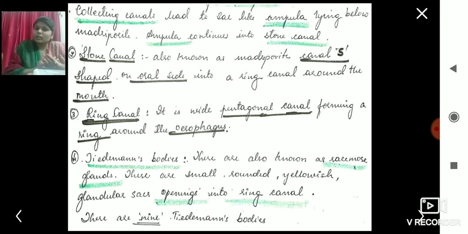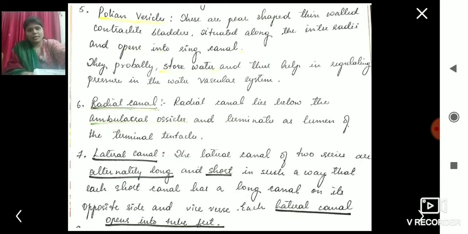As I've explained earlier also, the functions of Tiedemann's bodies are not yet known. It is simply understood that they may produce certain enzymes for digestion and other purposes, and they also help in defense. That's what is being thought. So it is still left unknown, and there are nine Tiedemann's bodies.